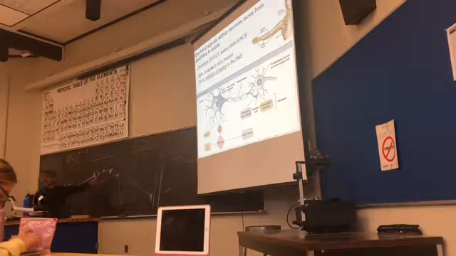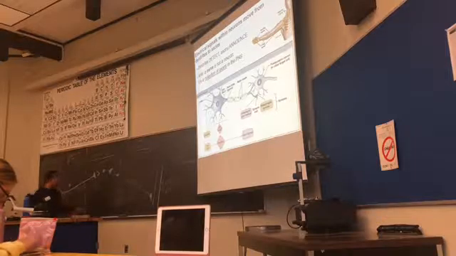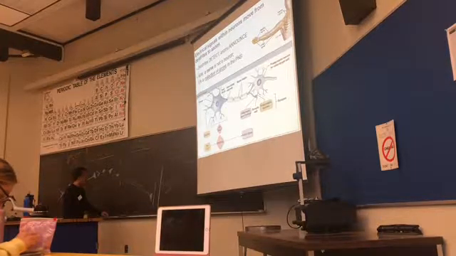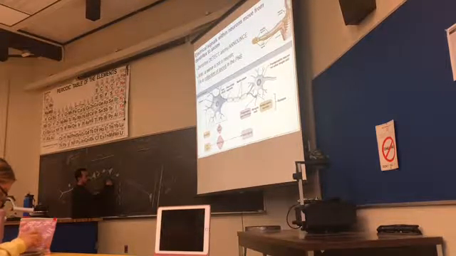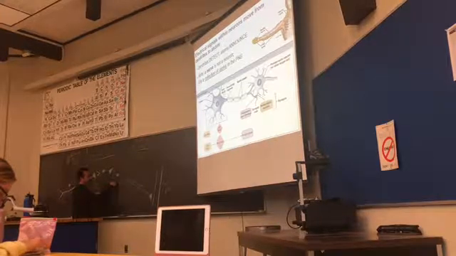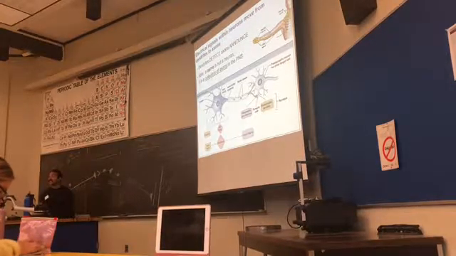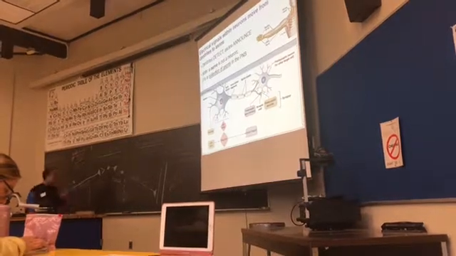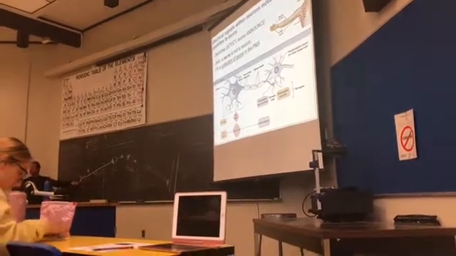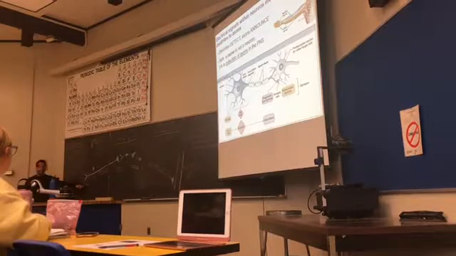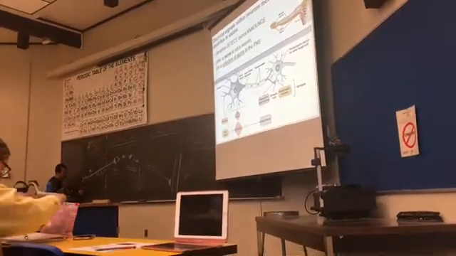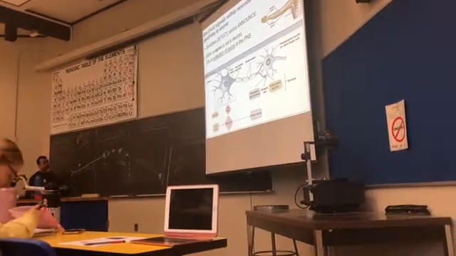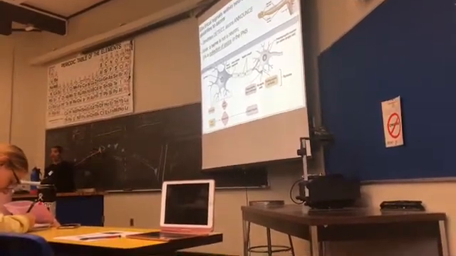The part here that detects information, those are called dendrites. What I've drawn here is this carrot. Dendrites are what receive information. In some cases, the dendrites can act as the receptor. In some cases, they're just receiving information from another cell.